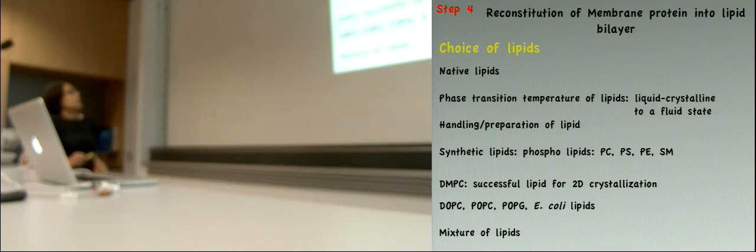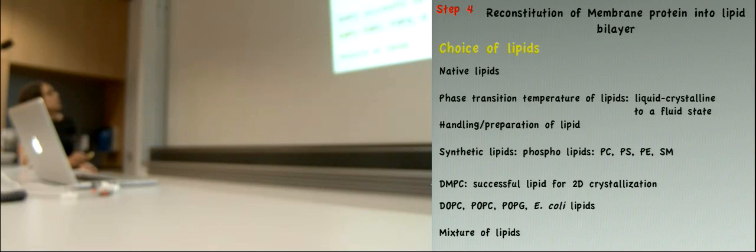So the fourth step is the reconstitution of membrane protein into the lipid bilayer. In this step, you have to pick the lipids, because now your protein is in a detergent environment. So you add the lipid and then remove the detergent, and your protein will get inserted into the lipid bilayer.